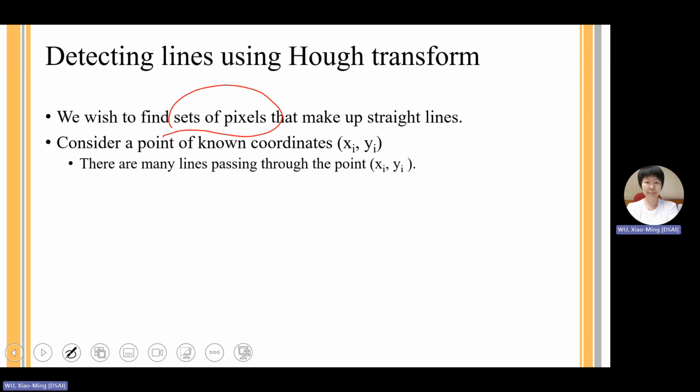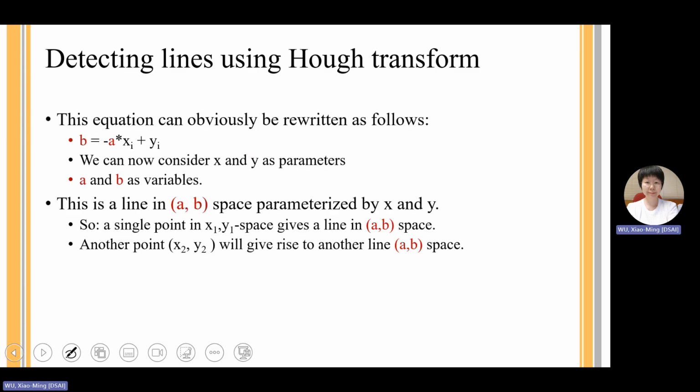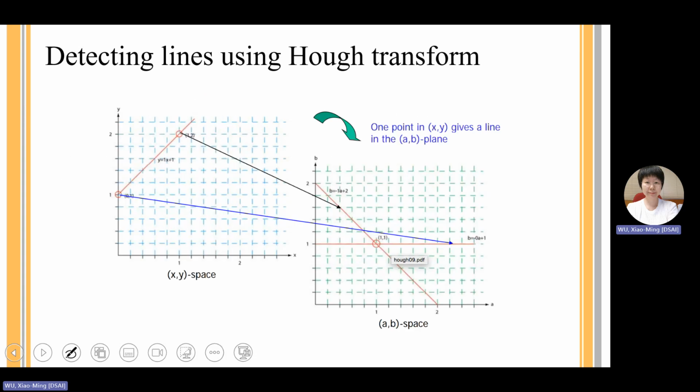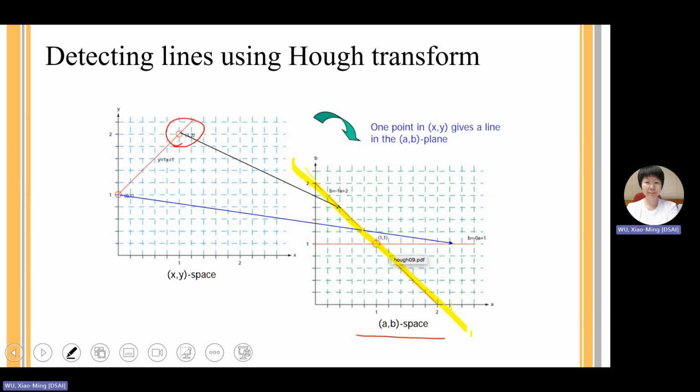And our approach is to map each pixel in the XY space to a straight line in the AB space. So this pixel, whose coordinate is 1, 2, is mapped to a straight line in the AB space.